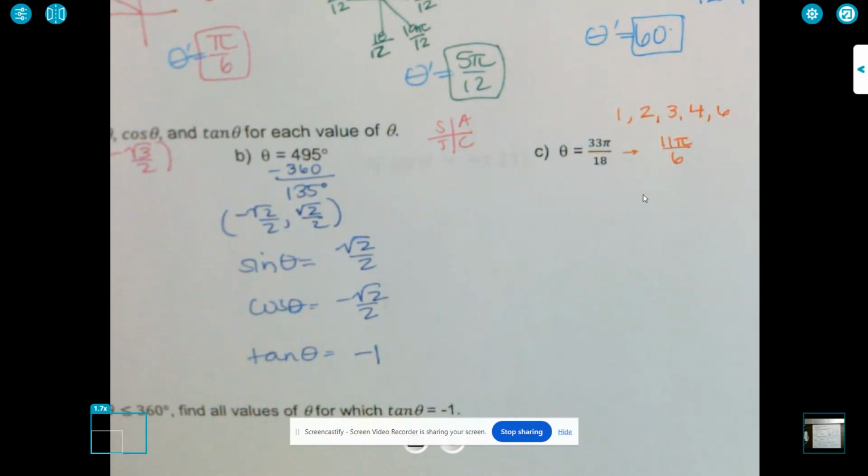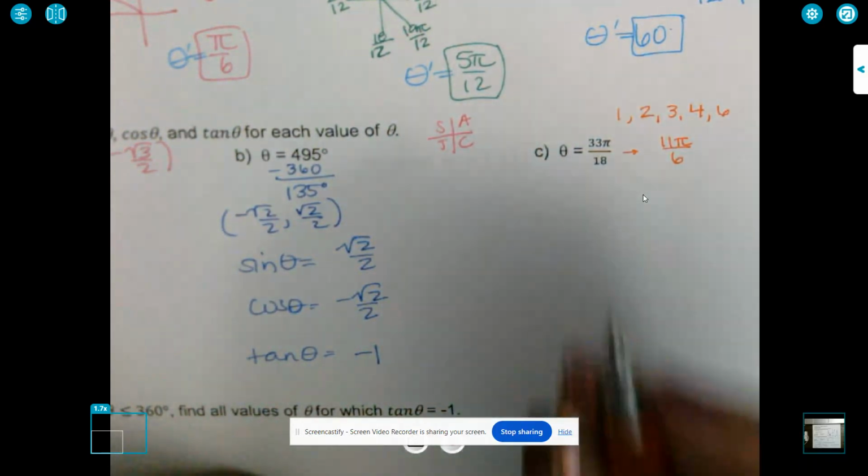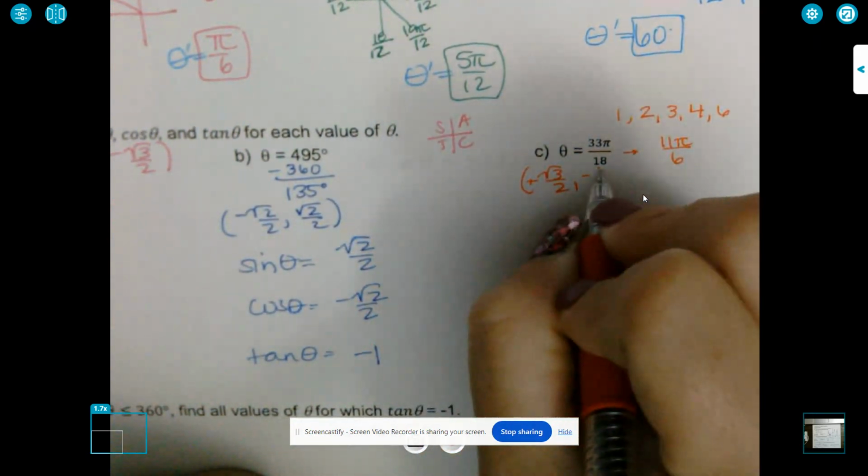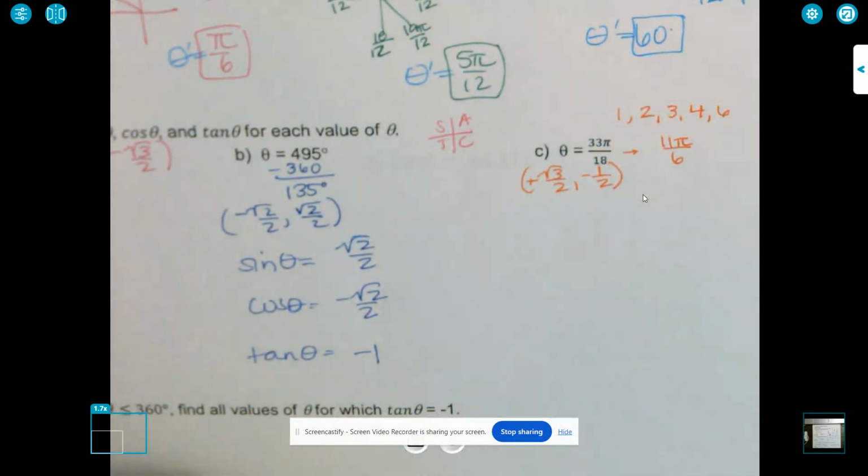It is technically 330 degrees, 11 pi on 6 in quadrant 4. So in quadrant 4, it's going to be the square root of 3 over 2, positive, negative 1/2, sorry.